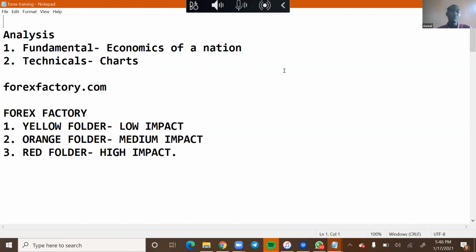Let's say, for instance, I'm trading EUR/USD. The exchange rate would be determined by what is happening in the European Union and what is happening in the United States.